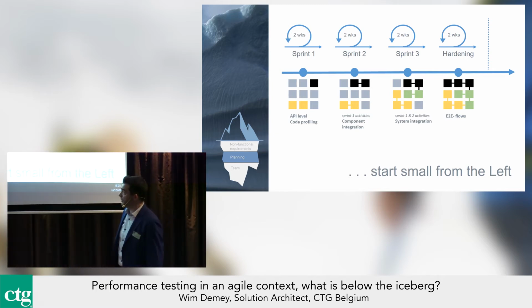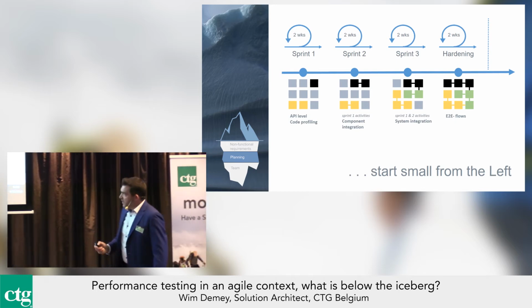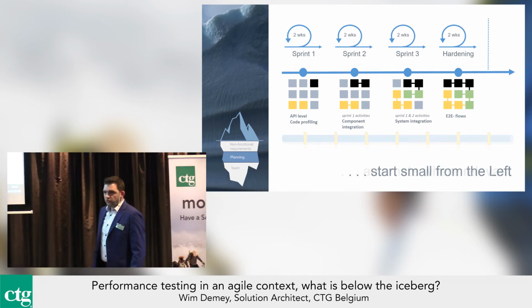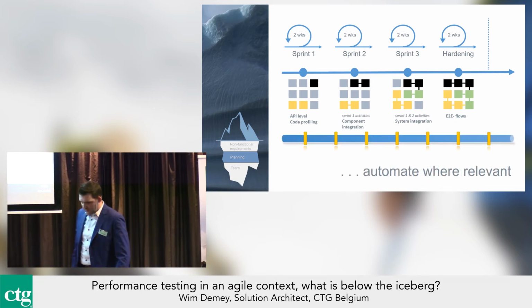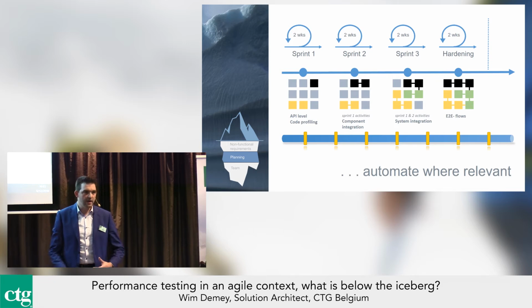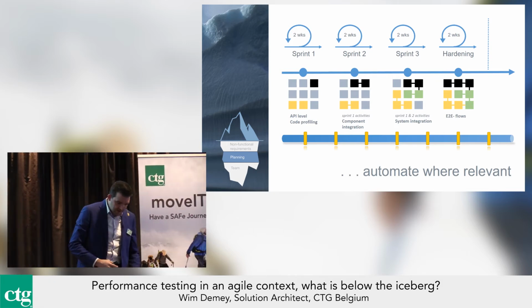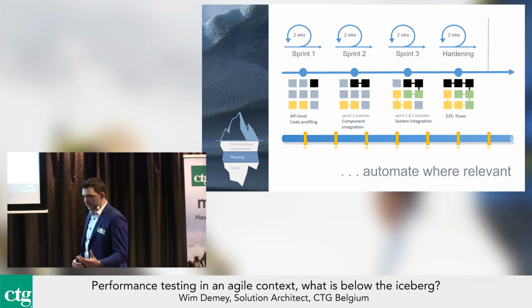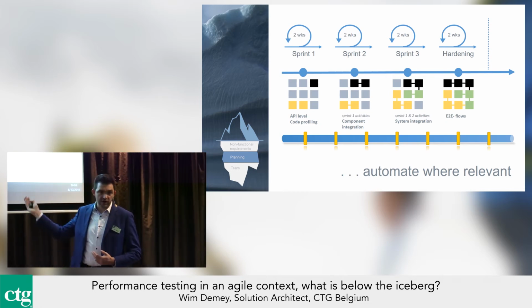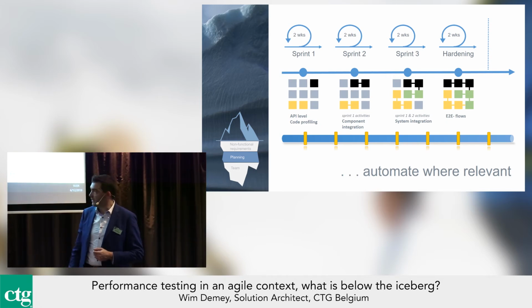So it was useful to do it very early. Next recommendation, automate. If you already have a pipeline, like it's good practice to integrate your unit testing and functional testing after a build, you can do the same with your performance testing.